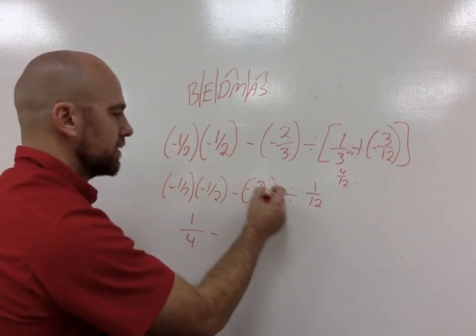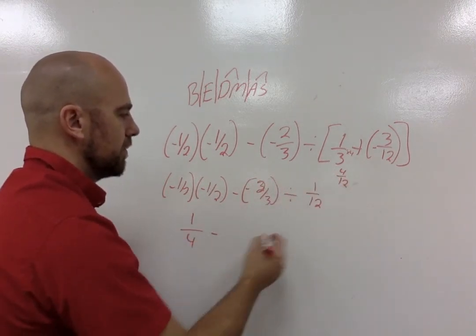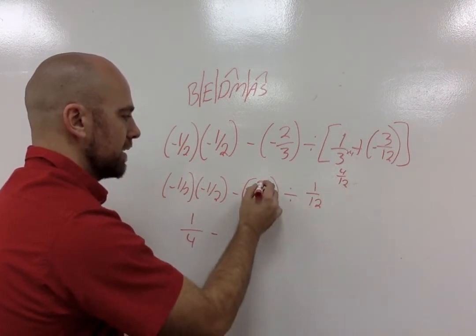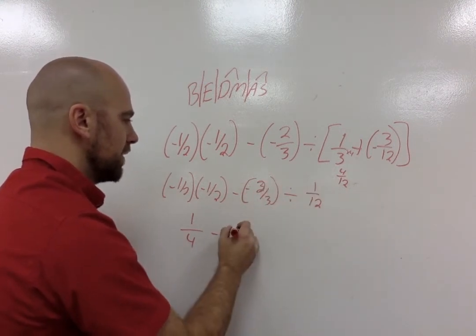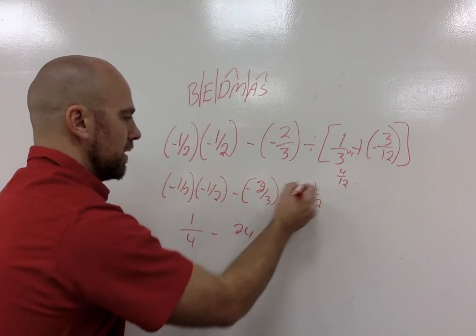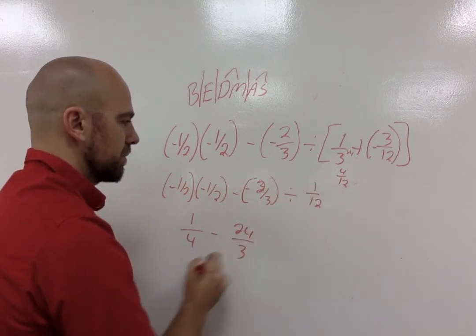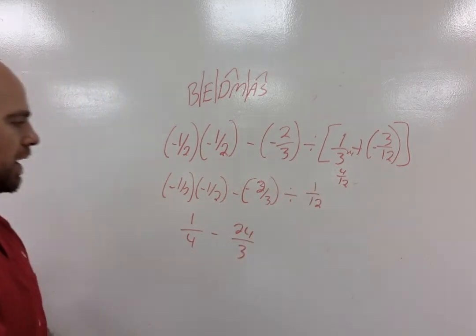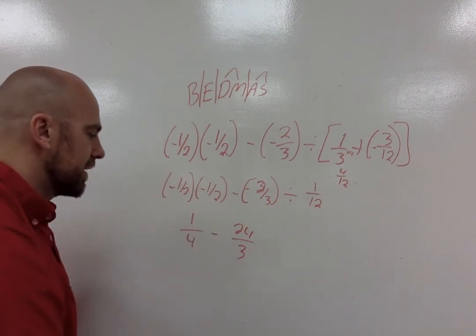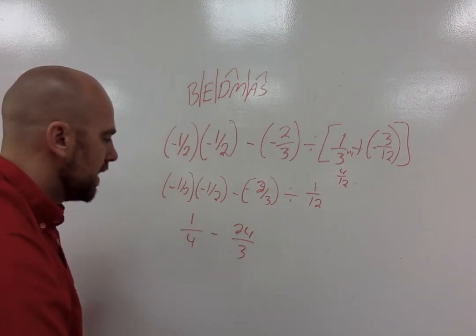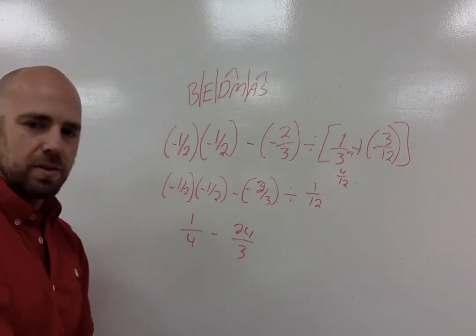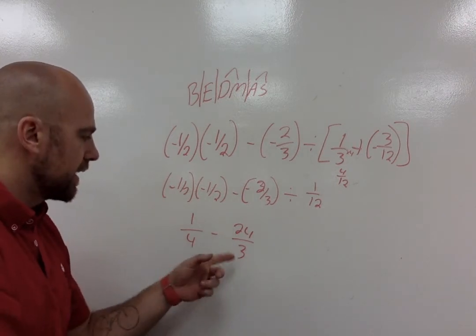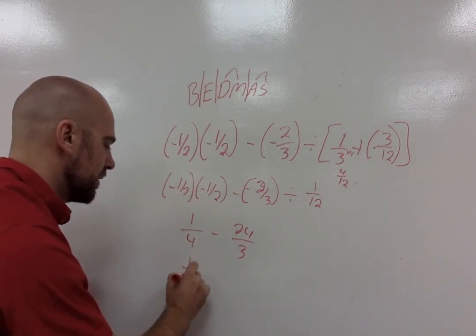Some of you like to do this method, or some of you might like to flip it. So you're going to go 2 times 12 is going to be 24. 3 times 1 is 3. I can try to simplify this as well. 24 divided by 3 is 8, so I have 1/4.